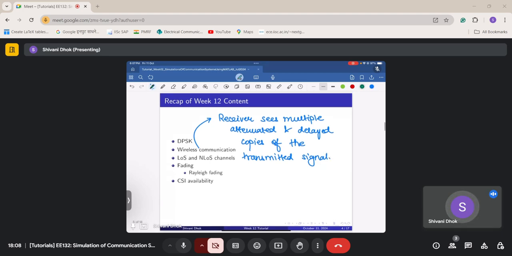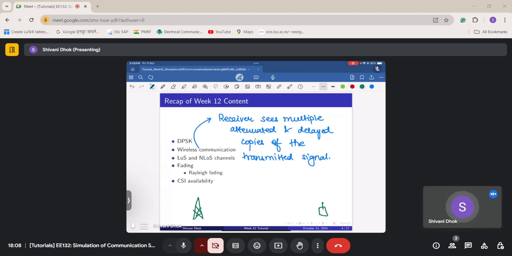So what happens is, suppose I have a transmitter here and a receiver here, both of them are separated and both of them are trying to communicate wirelessly.